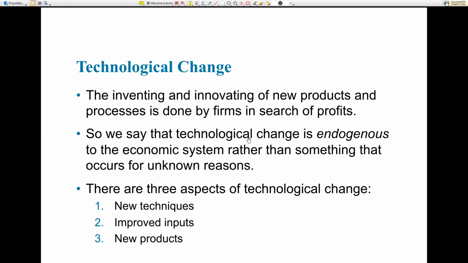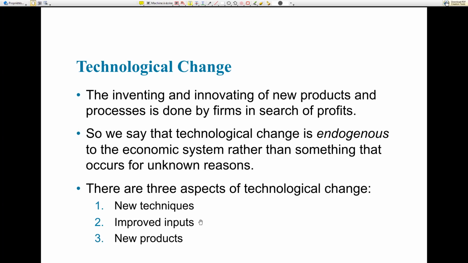Still, we can say that technological change is endogenous in the sense that firms have to set aside money to produce new drugs, for instance, and inventing new drugs still costs a lot of money. So new techniques, improved inputs, and new products. So this is a better final product, better techniques of production, and better inputs.